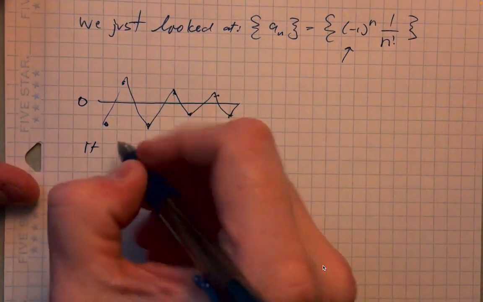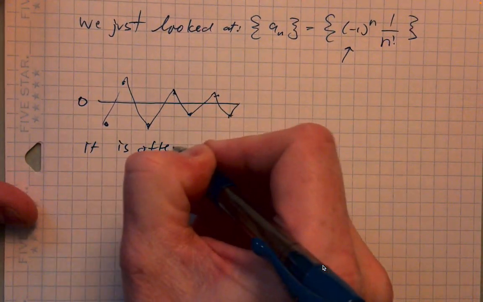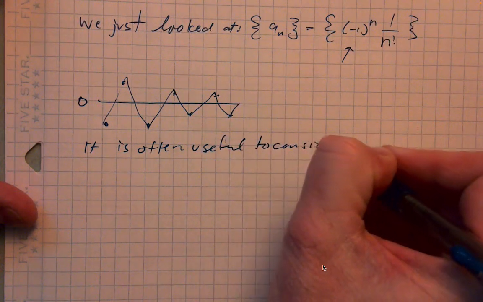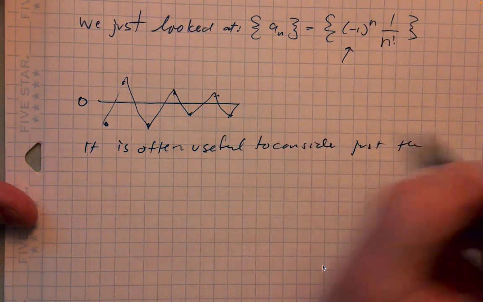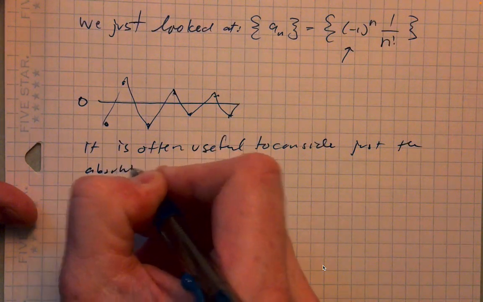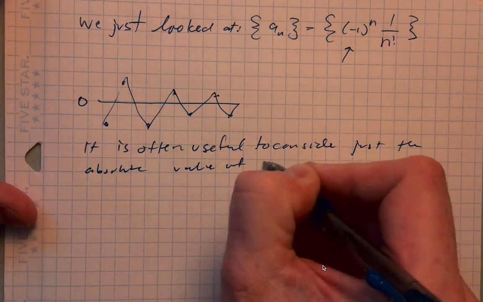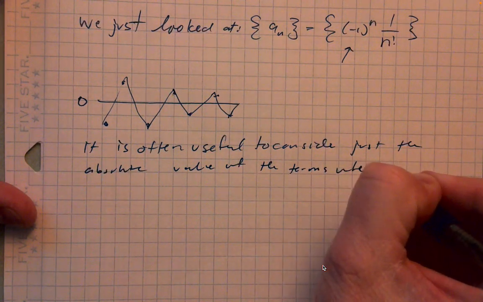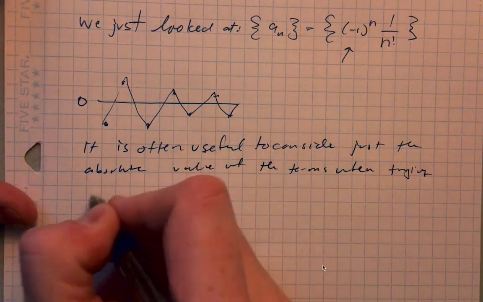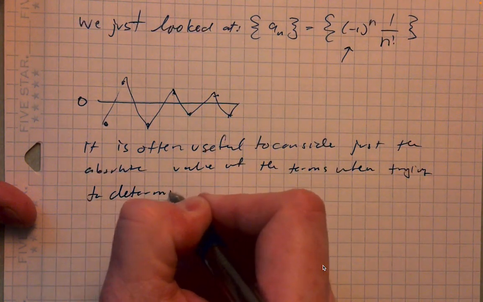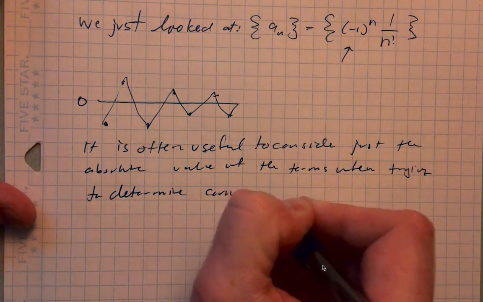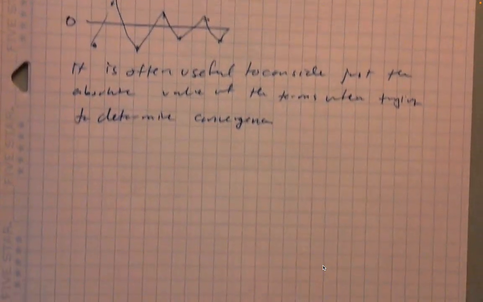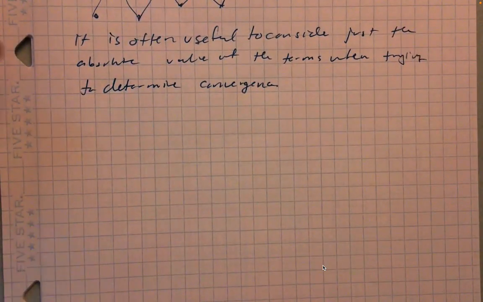So let's write that down. It is often useful to consider just the absolute value of the terms when trying to determine convergence.